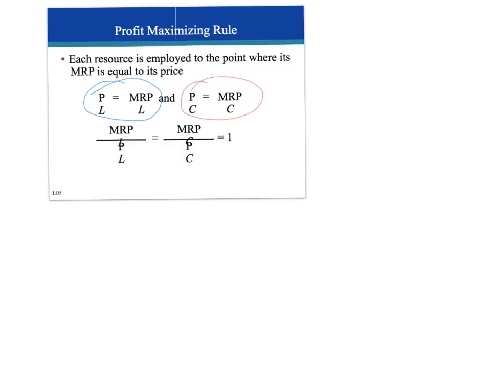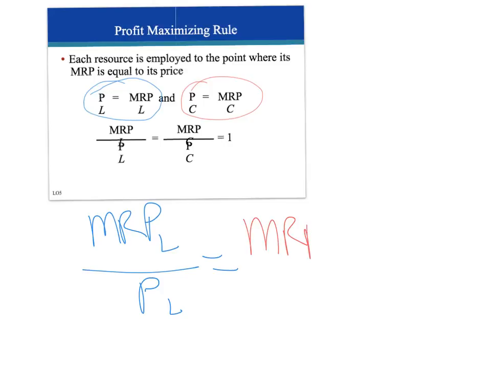Okay, and to write this out a little clearer, marginal revenue product of labor divided by the price of labor equals the marginal revenue product of capital divided by the price of capital.